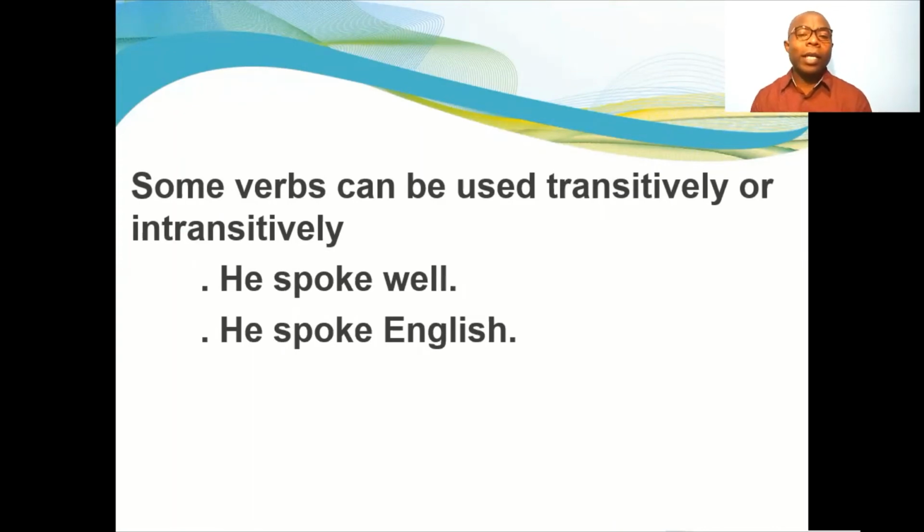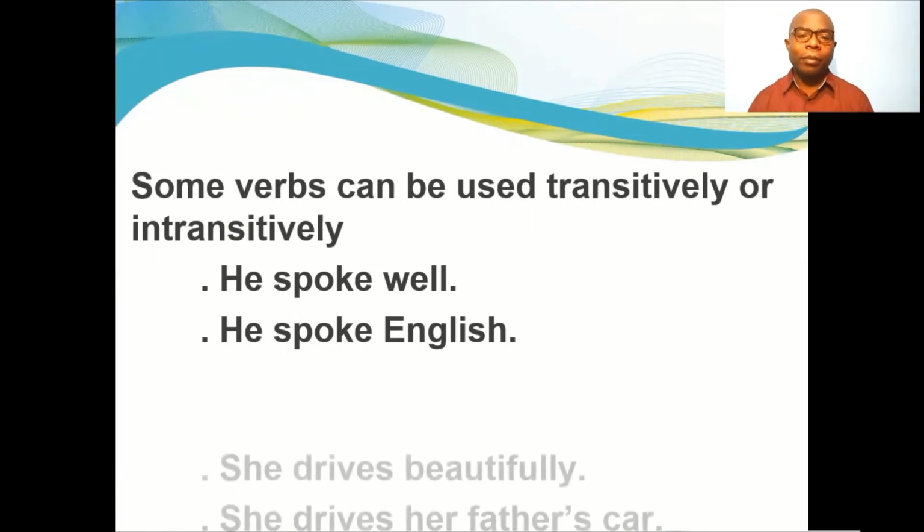Then the second one, he spoke English. In that one, spoke is used transitively because he spoke what? Language, English. So English becomes the object. So he spoke English, spoke is used transitively. He spoke well, spoke is used intransitively. So the verb speak can either be used transitively or intransitively.